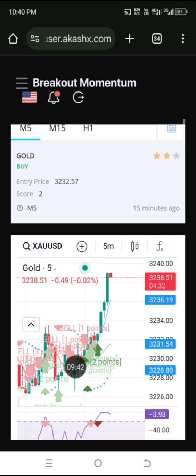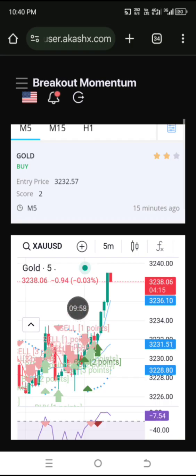Now note that all these pink arrows you see here, they were red. They were sell signals that were red. Seeing it in this color, pink, shows that it has expired, so the color has faded.